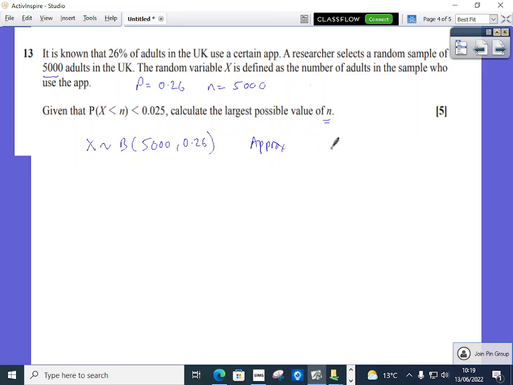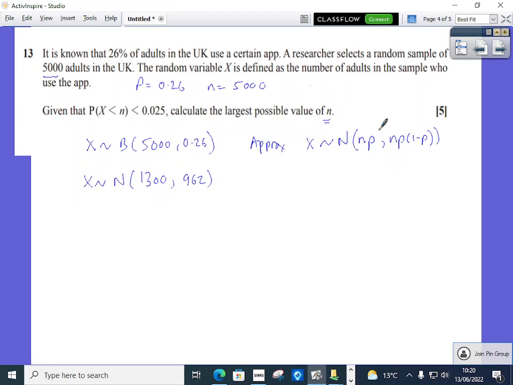When you approximate binomial to normal, you tell the examiner that you use np, and then npq, where q is 1 minus p. We call p success and 1 minus p failure. So 0.26 times 5,000 gives X following a normal distribution with mean 1,300, and then multiplying by 0.74 gives 962.